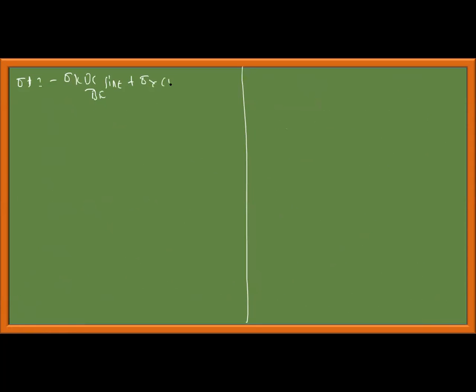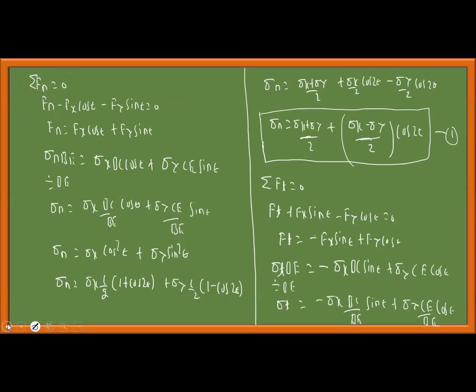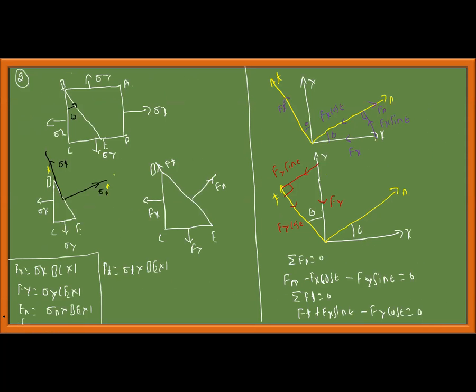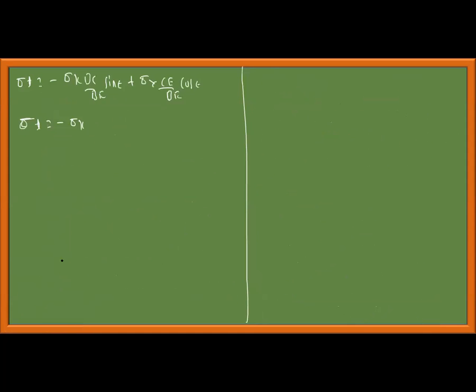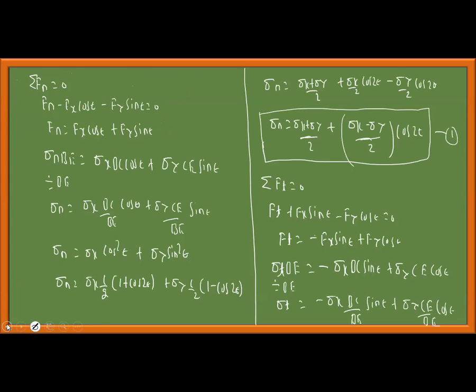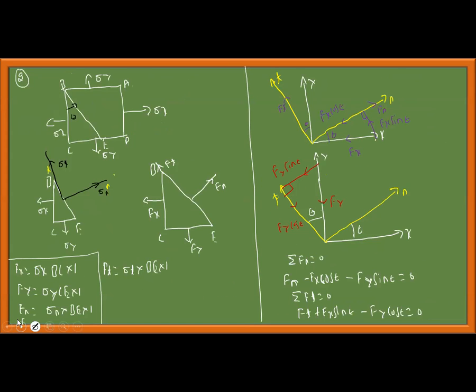Here bc by b is cos theta, and ce by b is sin theta. So sigma_t is equal to minus sigma_x cos theta sin theta plus sigma_y cos theta sin theta.